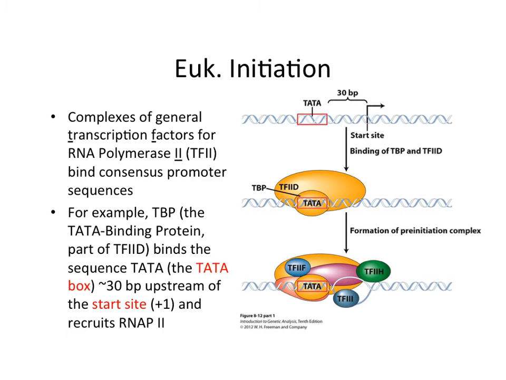So how does this differ from eukaryotes? This is all bacteria up to this point. Now let's talk about us for a second. How do we start transcription? Same but different. Instead of sigma factors, we have a protein called TATA binding protein, TBP.